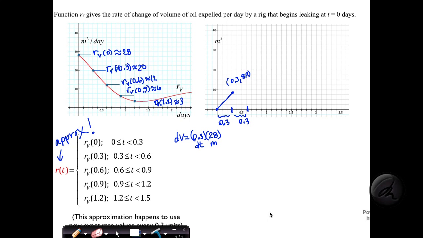If I want to graph this, I'm going to need to know where my graph starts from. It starts from that point at the end there and then goes upward at a different rate, a rate of only 20 times the change in x, or t in this case.